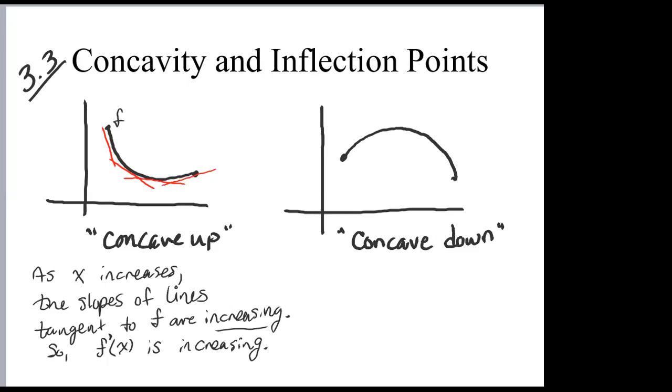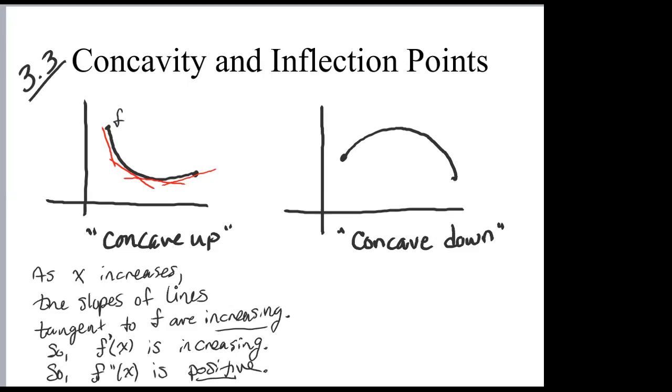Well, that means that the derivative of this function here, which would be the second derivative of the function f, is positive. So this means the second derivative, f prime prime of x, is positive in this location.